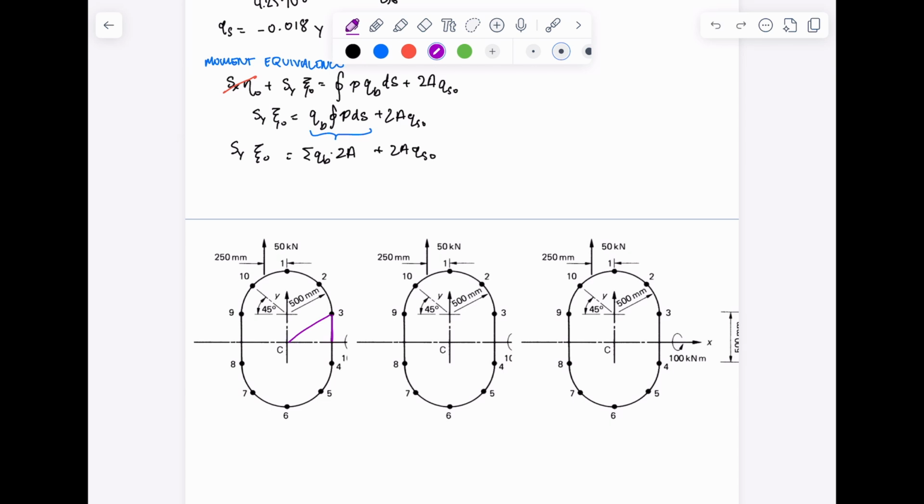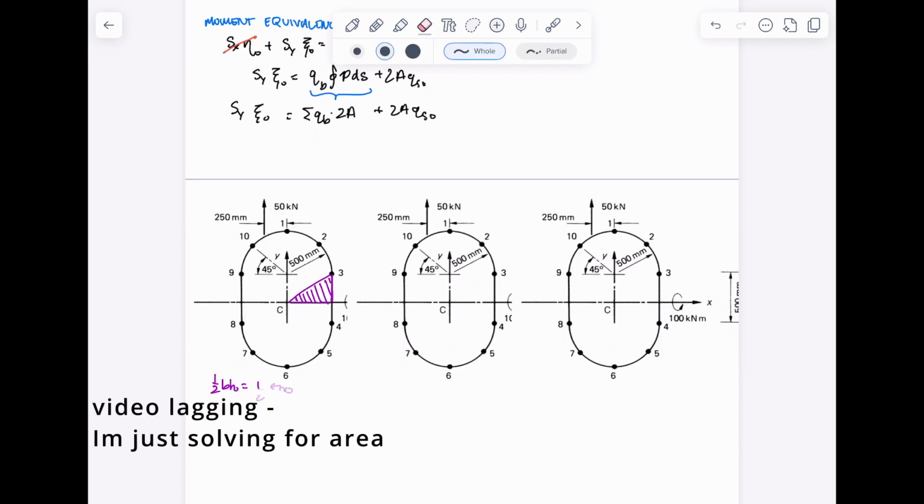We just need to solve for this. We know the area of a triangle is just 1/2 base times the height, which is 1/2 base, which is 500 times the height, 250. And we can solve that to be area of 3 to 4 is 62500.